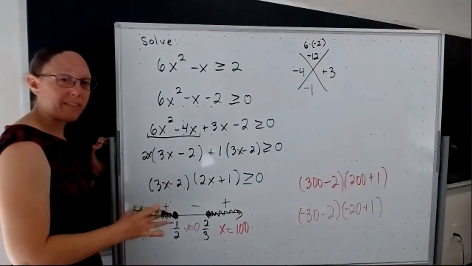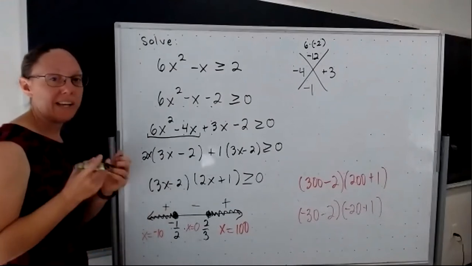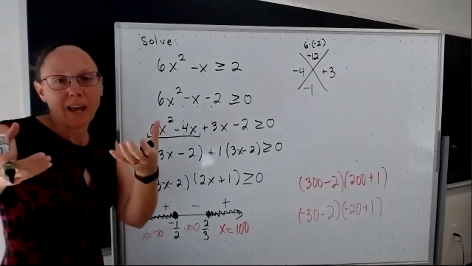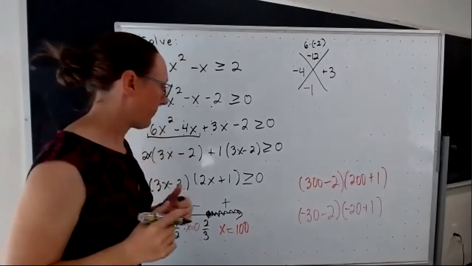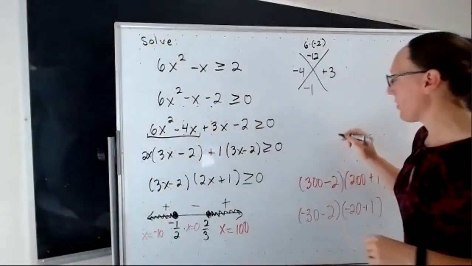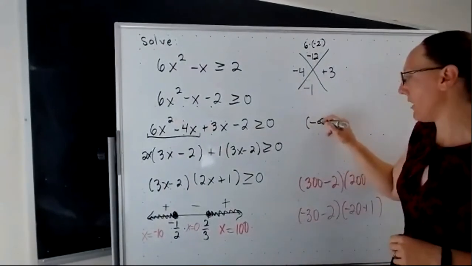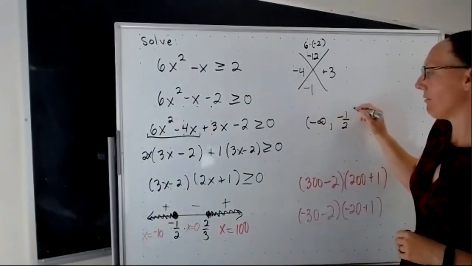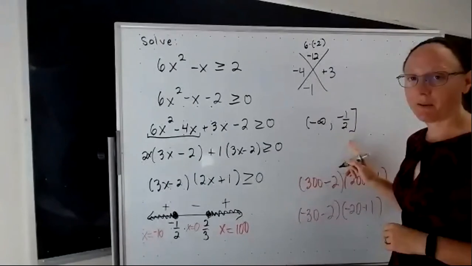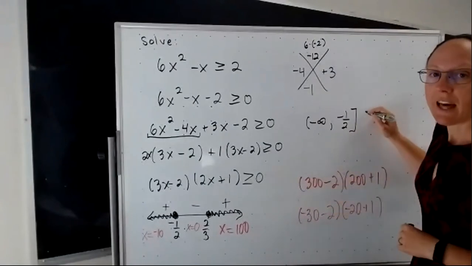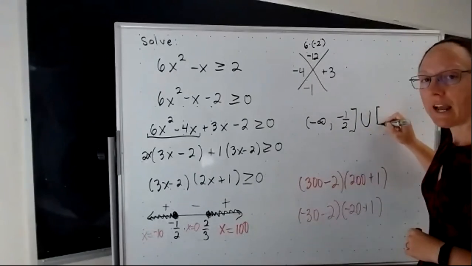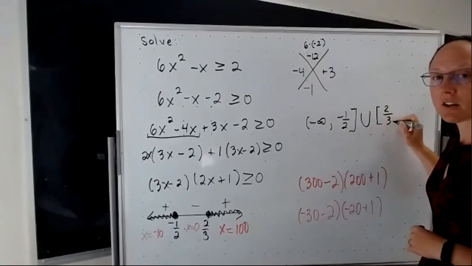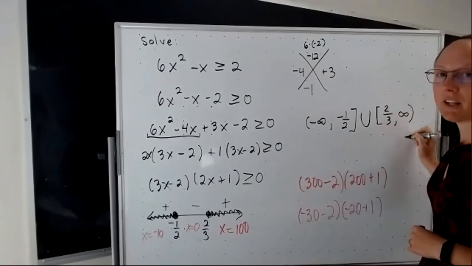And the way that we would write that in interval notation is we'd have these two pieces and we join them together with a union or a U. So that piece over there on the left would look like -infinity to -1/2, square bracket because of the or equal to. And then I'm going to join it together with a union of the piece from 2/3 to positive infinity.